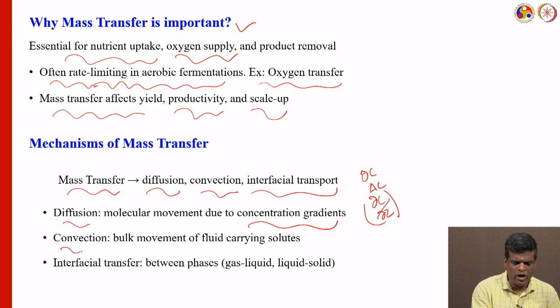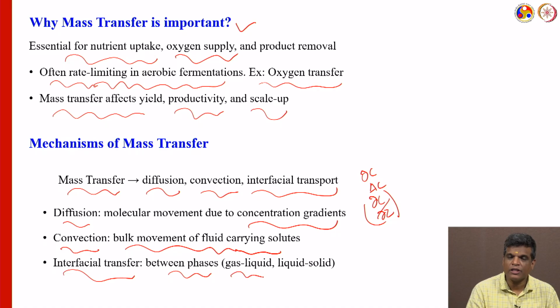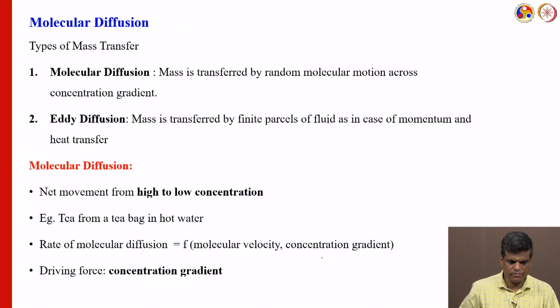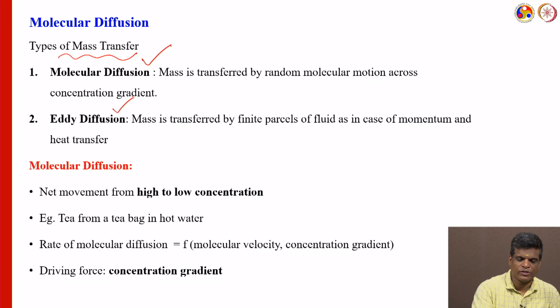Then convection: the bulk movement of the fluid carrying the solids. What is interfacial transfer? Interfacial transfer is between phases, gas-liquid or liquid-solid. So, what is molecular diffusion? There are two types of mass transfer: one is molecular diffusion, the other is eddy diffusion.